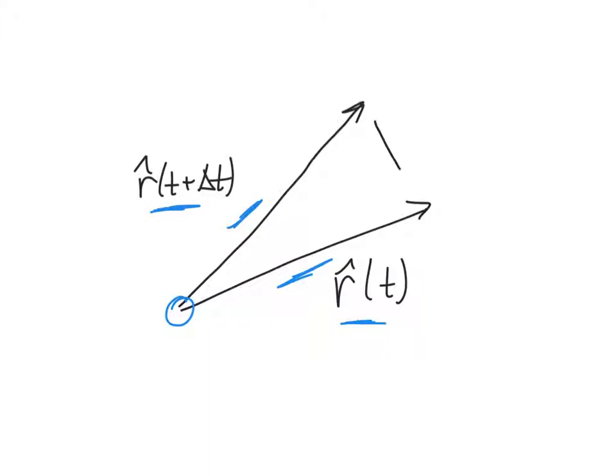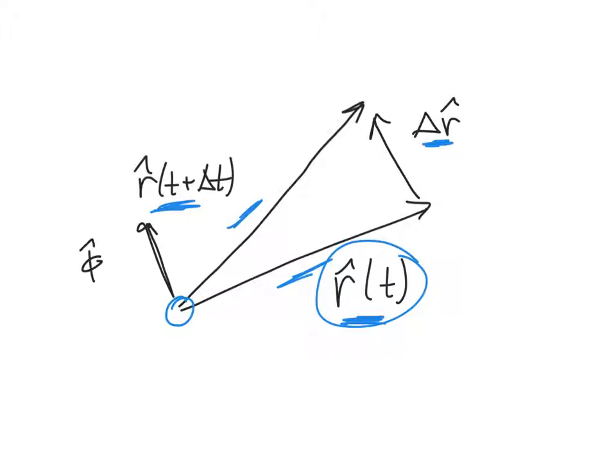And so the change in the vectors can be represented as another vector itself here, delta r hat. So our trick is to figure out how to write delta r hat in terms of either r hat of t or r hat of t plus delta t. We'll use r hat of t. So how do we write delta r hat in terms of r hat of t and the other basis vector that we have, remember, phi hat of t?